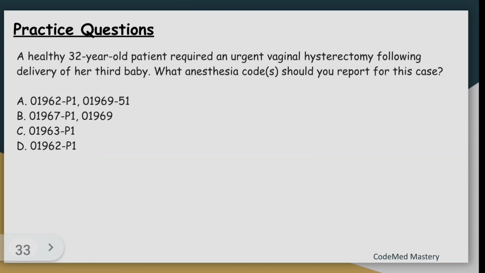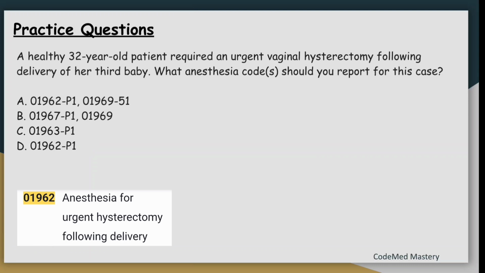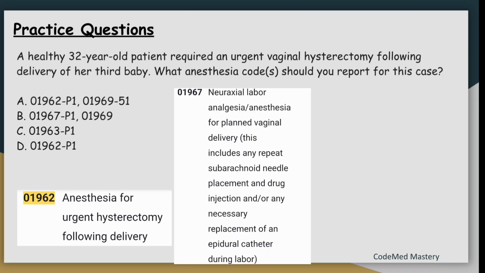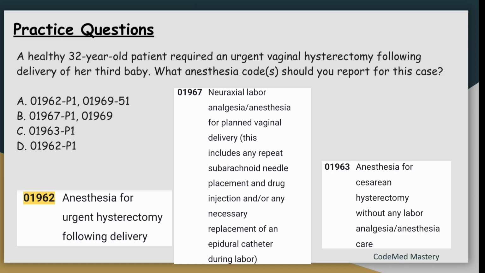In option A, they have mentioned 01962, which is for anesthesia for urgent hysterectomy following delivery. 01967 is for neuraxial labor analgesia or anesthesia for planned vaginal delivery. 01963 is for anesthesia for cesarean hysterectomy without any labor analgesia anesthesia care. In option D also, the code is 01962.